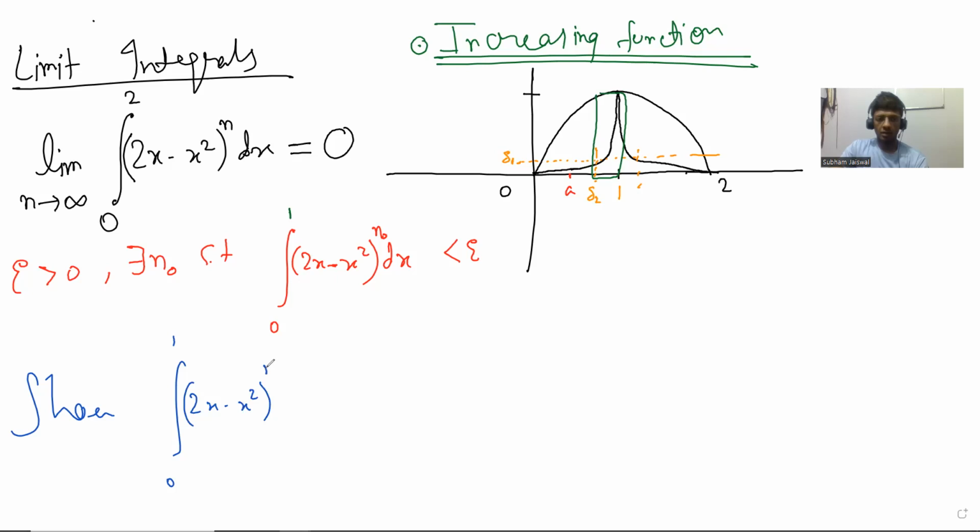So just show for this that this is also less than epsilon. Like, and for n naught plus 1, it is also less than epsilon.